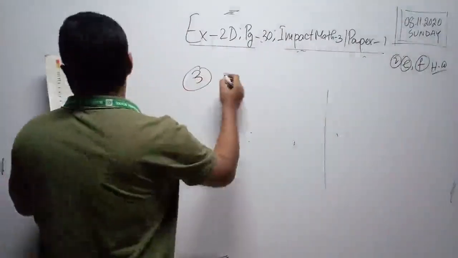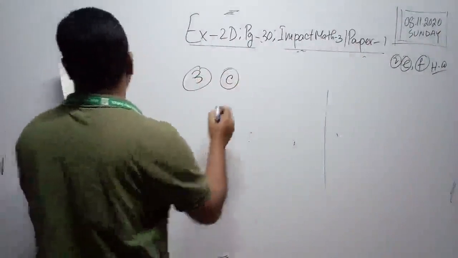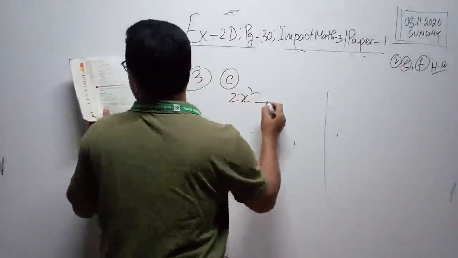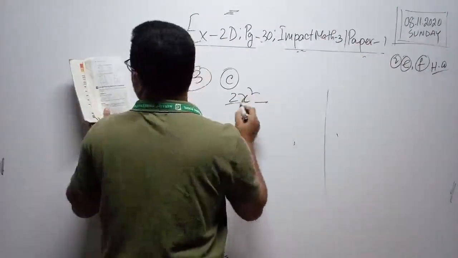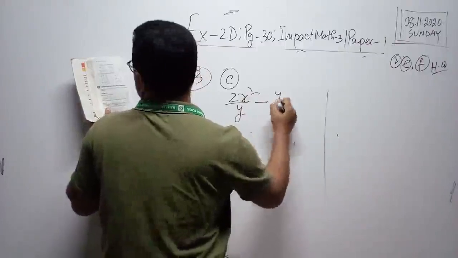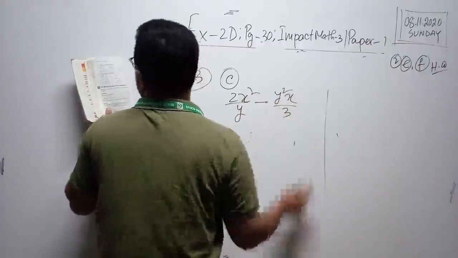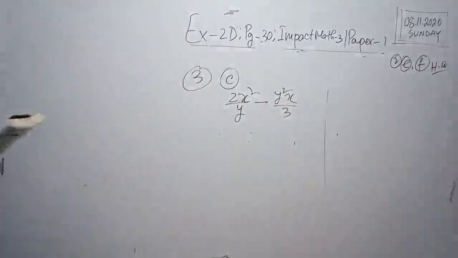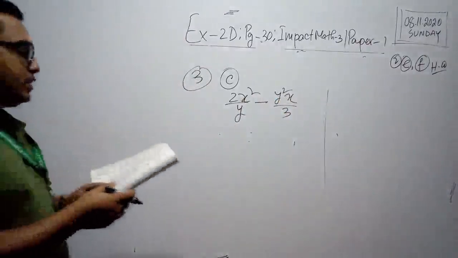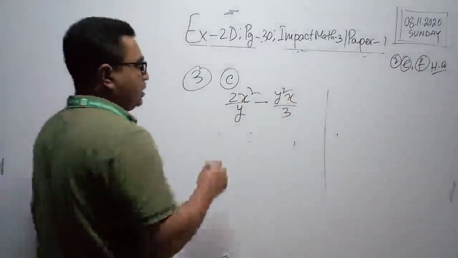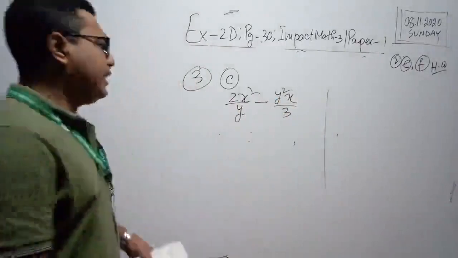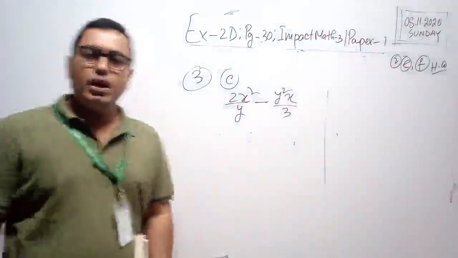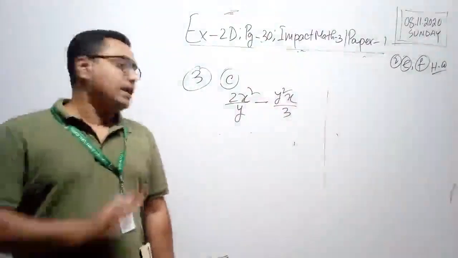Number 3c. 2x square by y minus y square x by 3. Here y and 3 are different numbers.